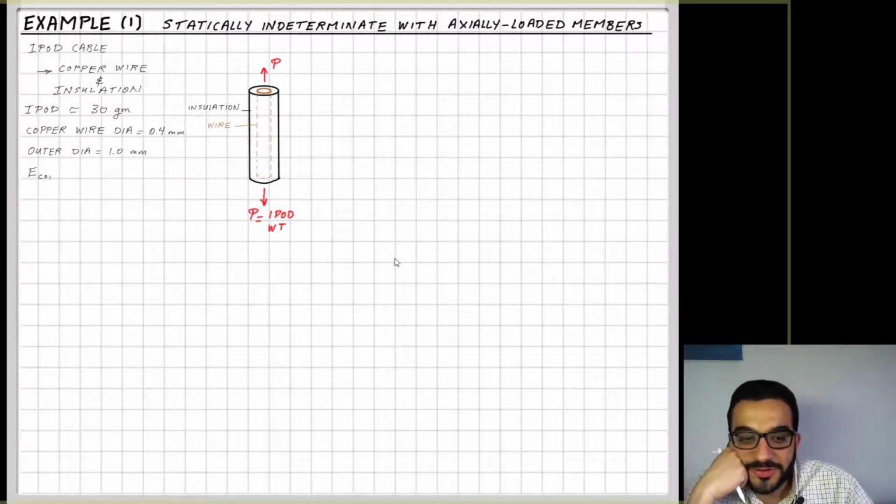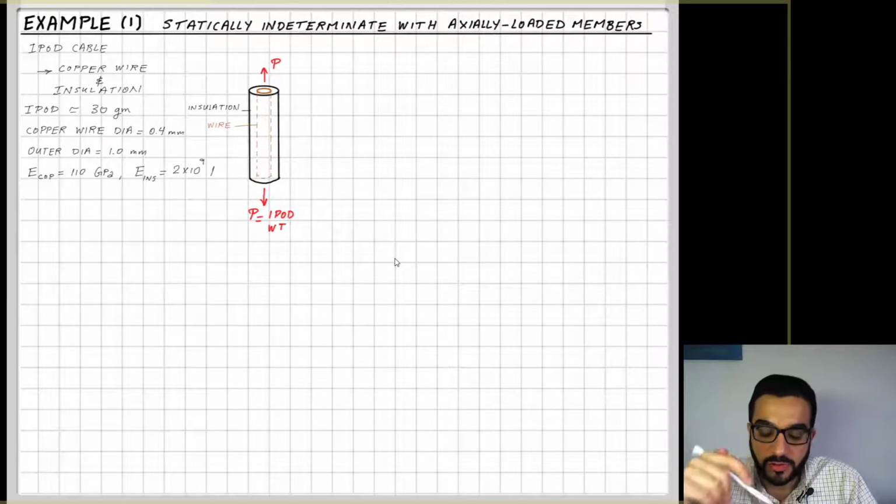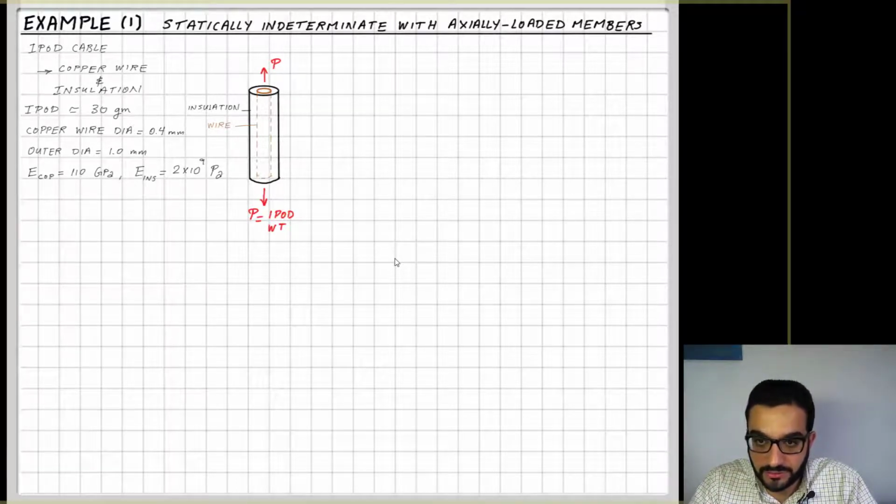Not yet the question, but more data is given to us: the copper wire diameter, the outer diameter of the insulation, and the material properties of the copper and of the rubber of the insulation layer.